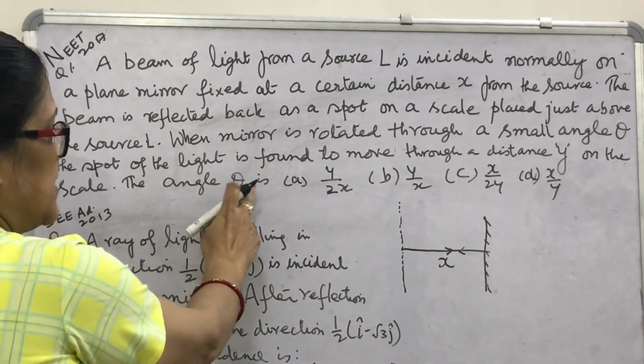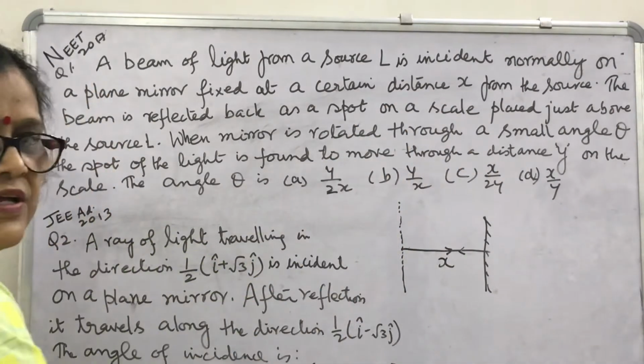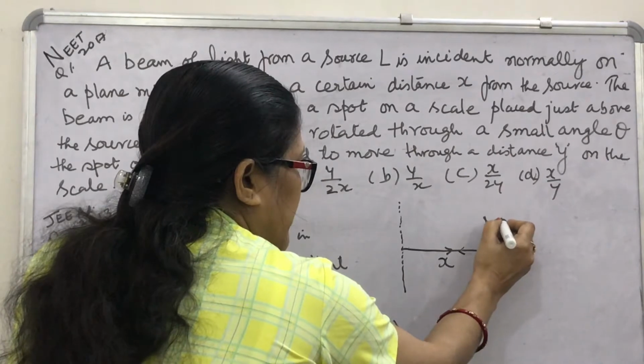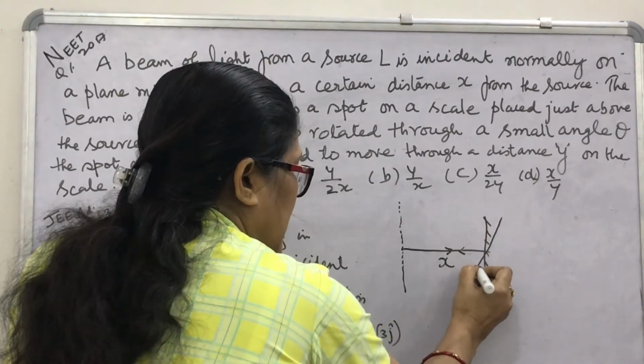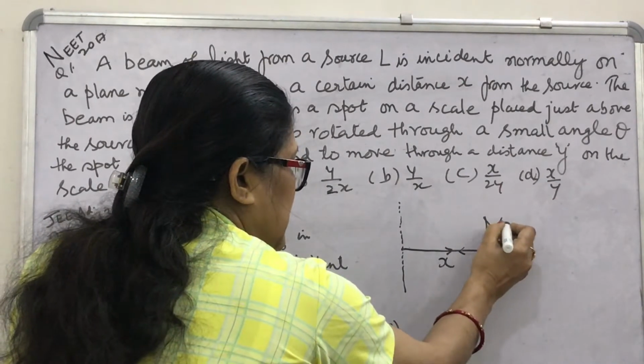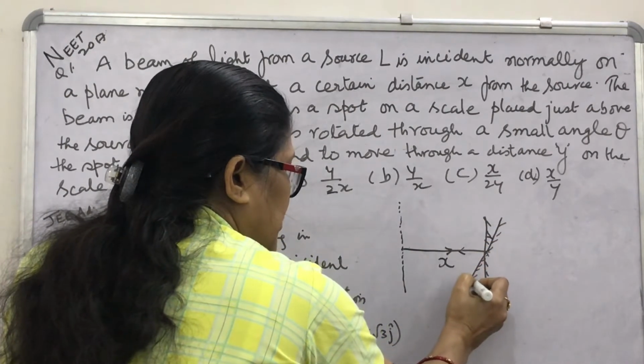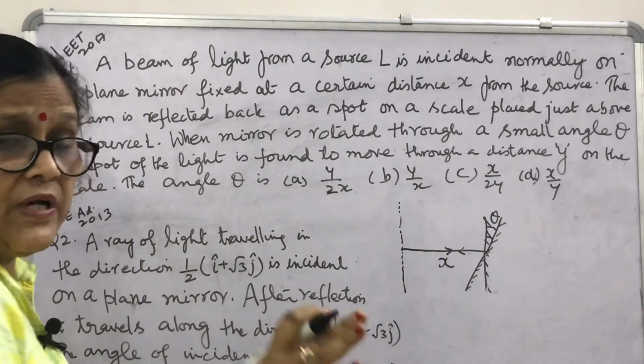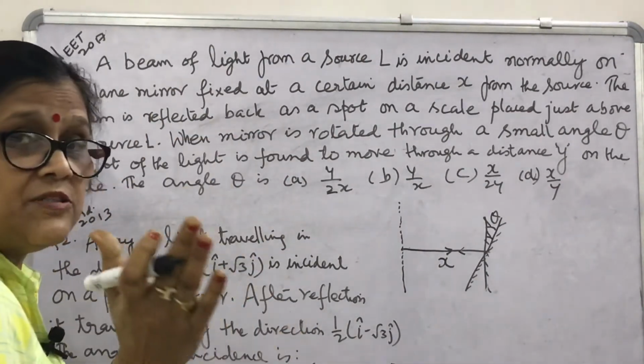The spot of light is found to move through a distance y on the scale. The angle theta is, these options are given. Now, if the mirror is rotated by angle theta, suppose this is the mirror's new position and this angle is theta. What happens when a plane mirror is rotated by a small angle?